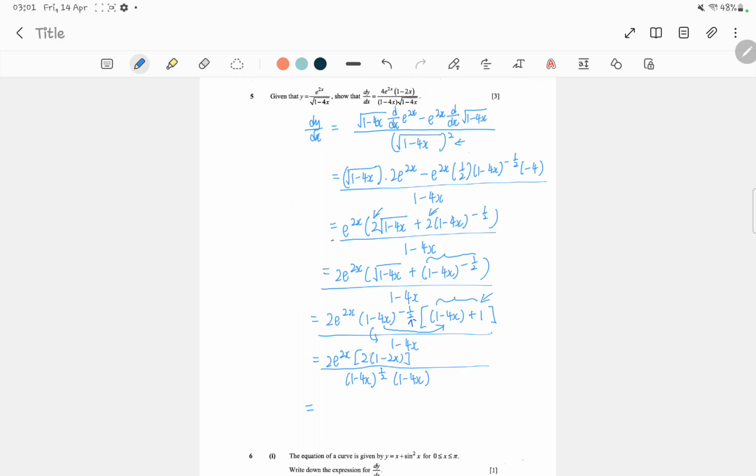Then we take out the 2, put it here, and it will be 4e to the power of 2x times (1 minus 2x), divided by 1 minus 4x to the power of 1 over 2 times (1 minus 4x). And that's it for question number 5.